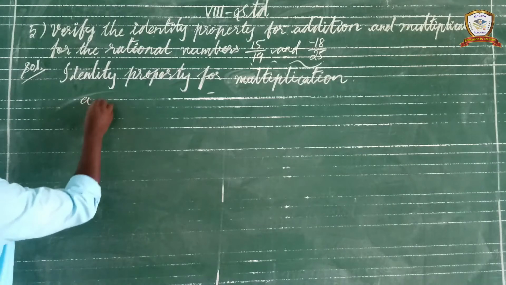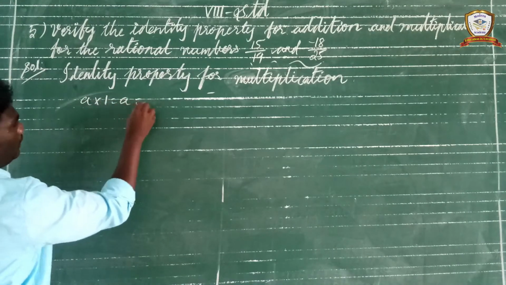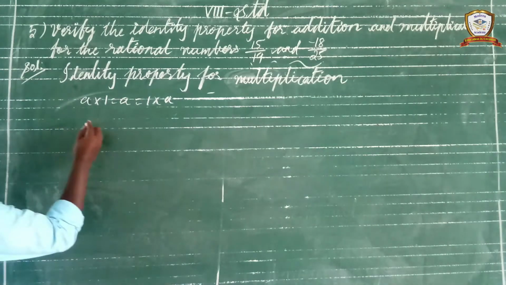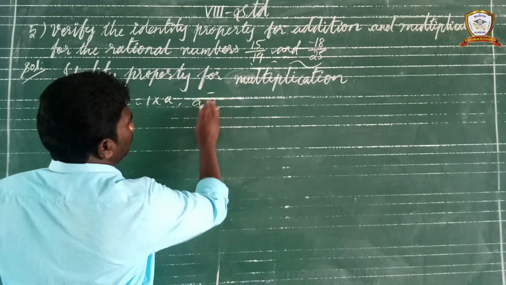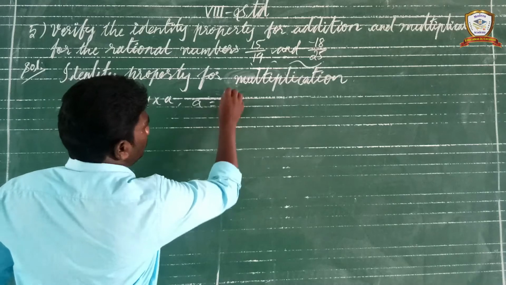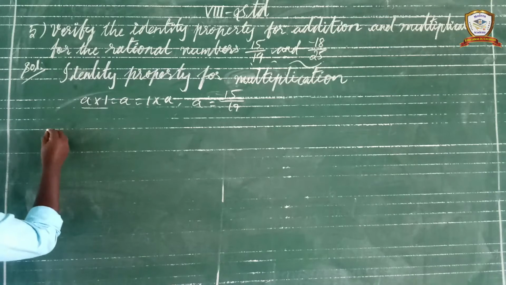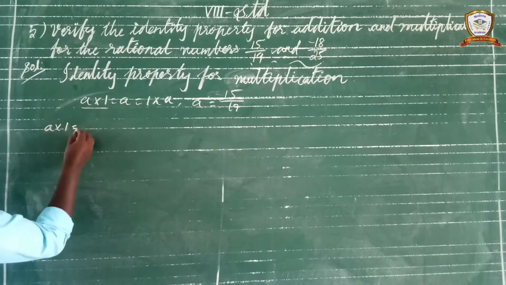So here a into 1 is equal to a is equal to 1 into a. Are you clear? So very simple. Here a is the first rational number, 15 divided by 19. So here first we take LHS. A into 1 is equal to a.